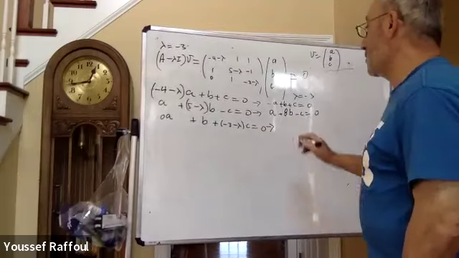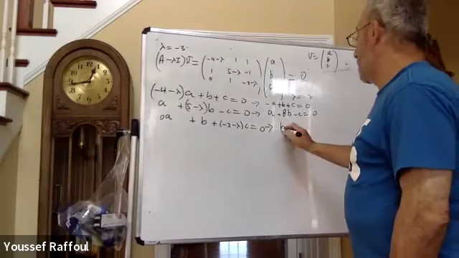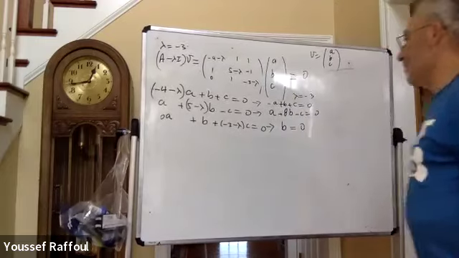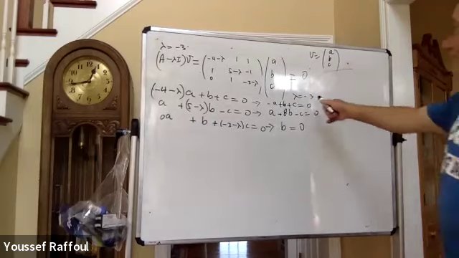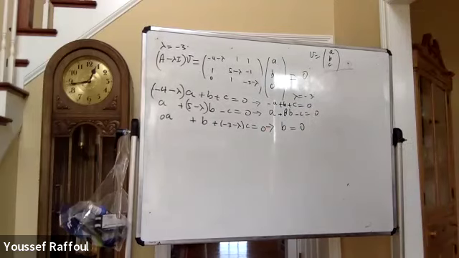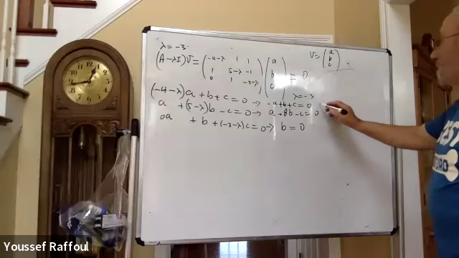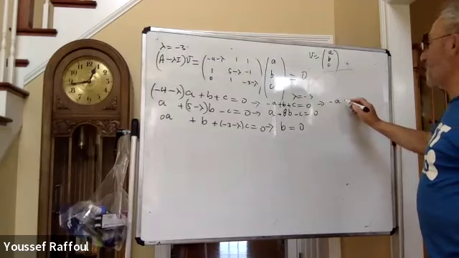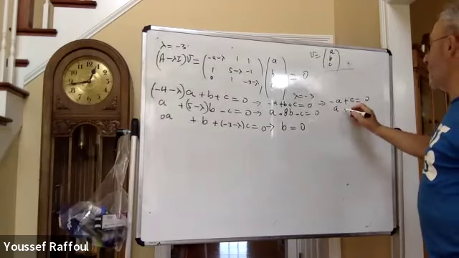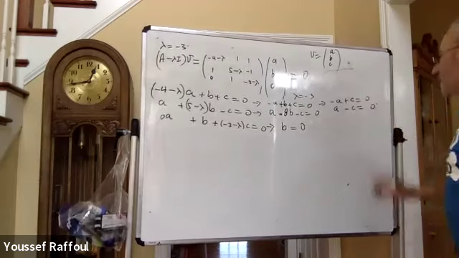And this one becomes B = 0, because I'm putting lambda equal -3, that will be (-3 + 3) times C equals 0. So I have B equals 0. If B equals 0, then I have -A + C = 0, and A - C = 0.